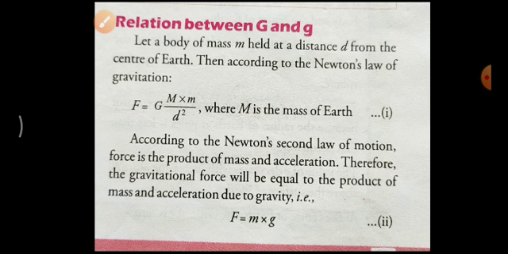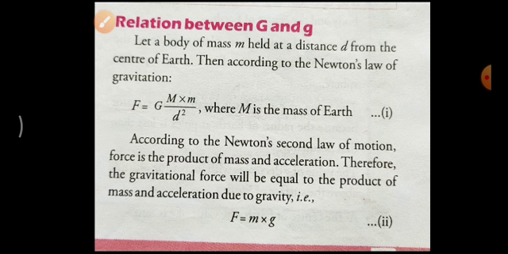Let a body of mass m be held at a distance d from the center of the earth. According to Newton's law of gravitation, the body is above the surface of the earth, and the distance between the center of the earth and the body is d.